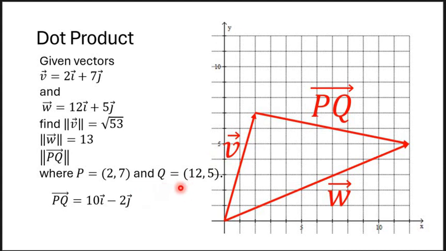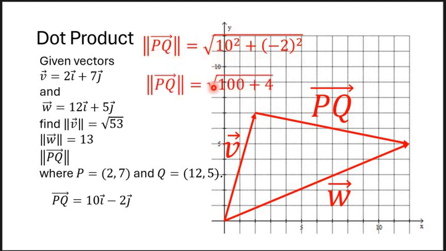We could have also found that by doing 12 minus 2 to get the horizontal component and 5 minus 7 to get the vertical component. We can find the magnitude with these two components. We just have to square both of them, add them together, and take the square root. So I get that the magnitude of vector pq is the square root of 100 plus 4, or the square root of 104.